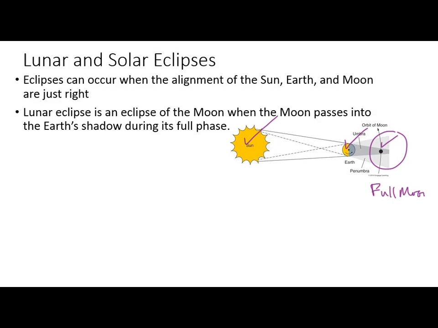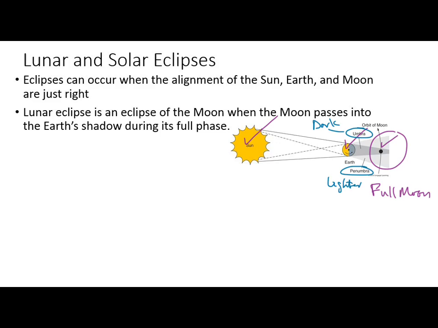Does that make sense? Well, if it goes just right, not too high, not too low, it's going to run into what we call the Earth's shadow. The Earth casts two types of shadow. It casts a really dark shadow called the umbra, that's especially dark. And then, looking like a bullseye, an outer shadow called the penumbra, and that's a lighter shadow.